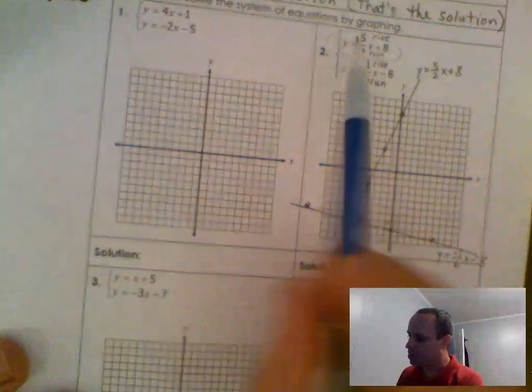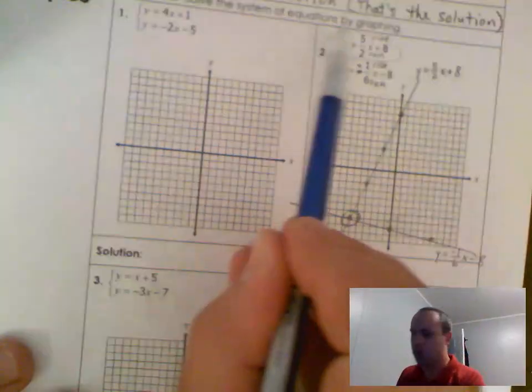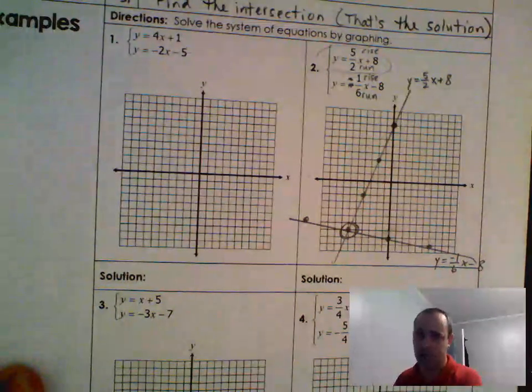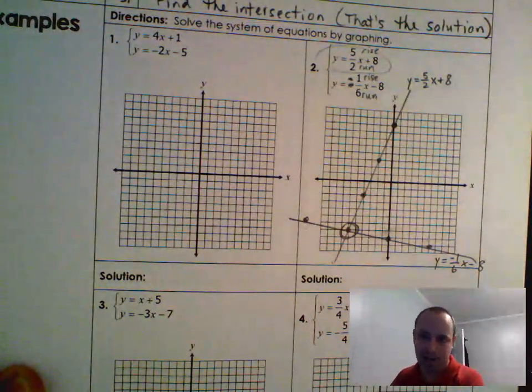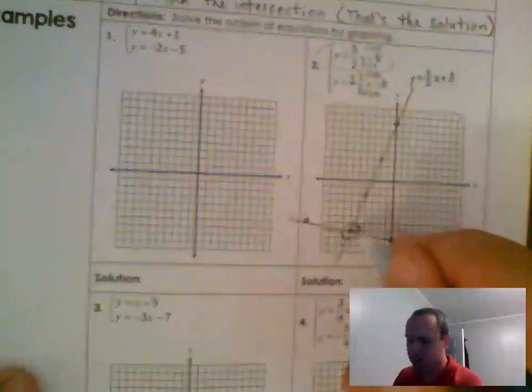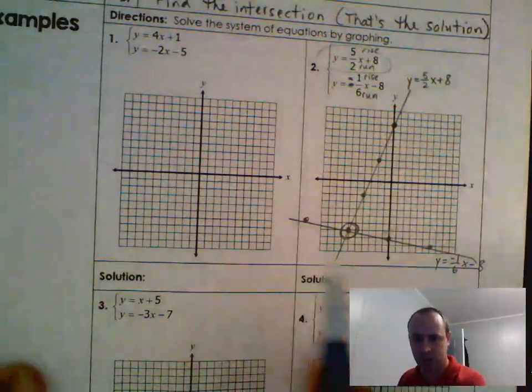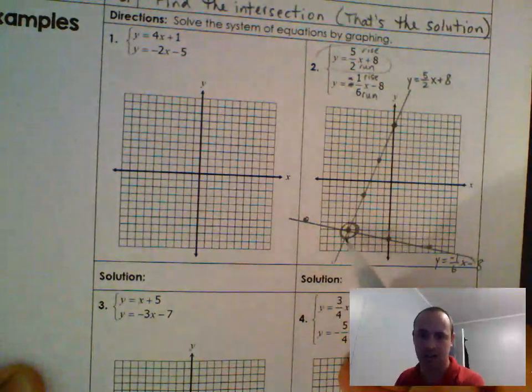The solution, it says solve the system of equations by graphing. So the solution, or the solve, or the answer, but I like to call it the solution, is this point right here, because that's where the two equations, or the system of equations, meet. So that's the answer.